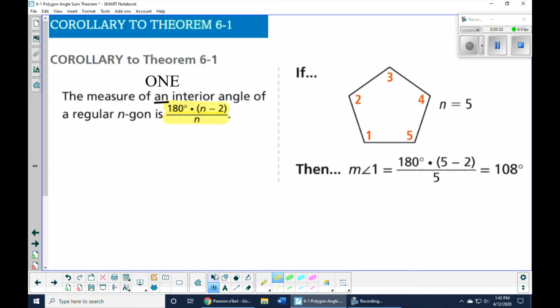You divide by n, so 180 times n minus 2, divided by n. In this case, we have a pentagon, 5 sides. So 180 times 5 minus 2, which makes it 3 times 180, divided by 5. That tells us that each of these angles is 108 degrees.